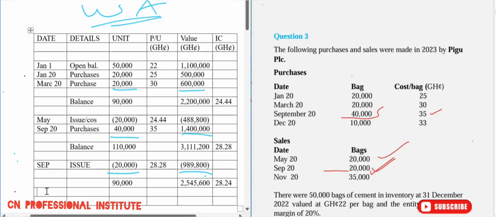So November 20th, we had another issue. And then how many units did we sell? November 20th, we sold 35, so 35,000.